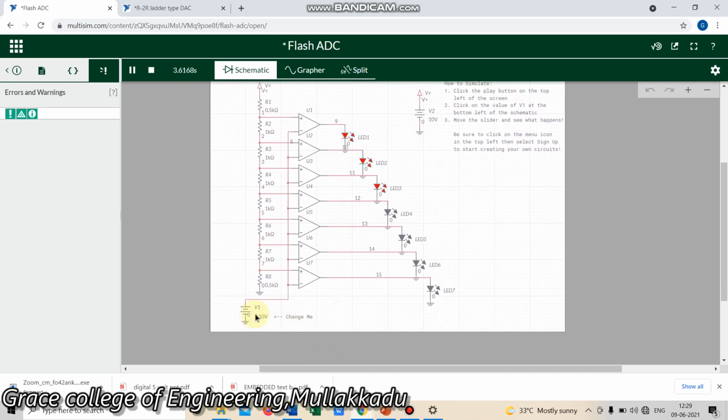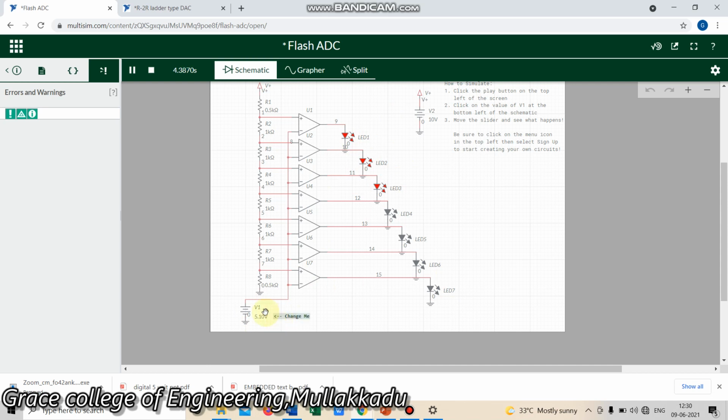The reference voltage at this positive terminal, when it becomes greater than 5, will make the LED glow. At these 3 nodes the reference voltage is greater than this 5 value, hence these 3 LEDs glow and give the output value 1, and these 4 LEDs give the output value 0.